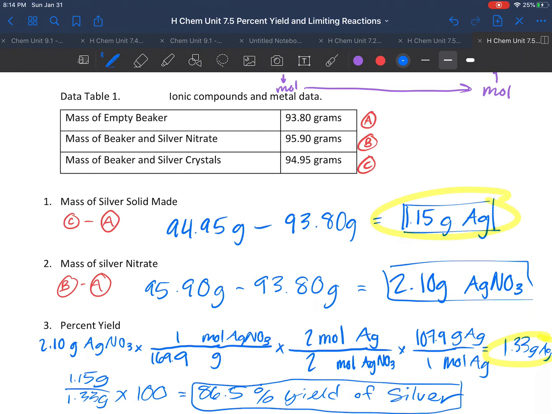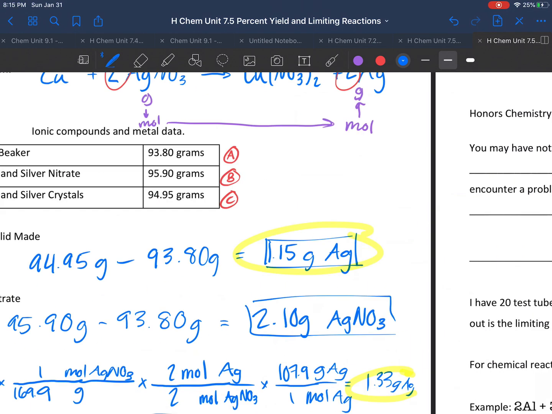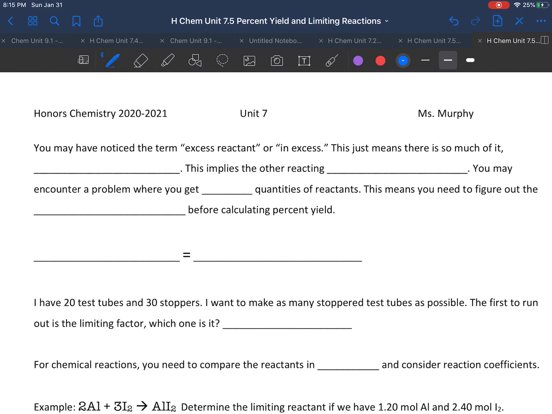All right, so now we're going to switch gears and talk about limiting reactants. You may have noticed in problems the terms excess reactant or in excess. What it's telling you is that there's just so much of it, it won't run out.